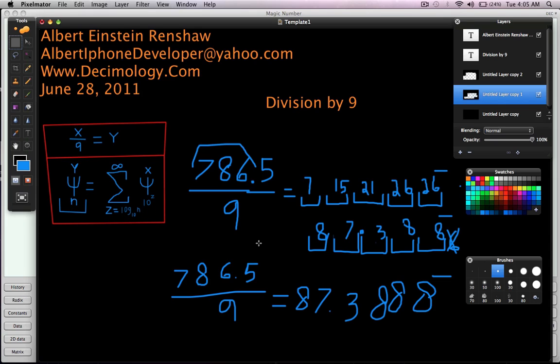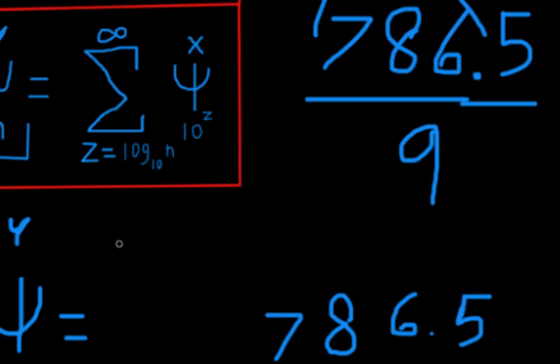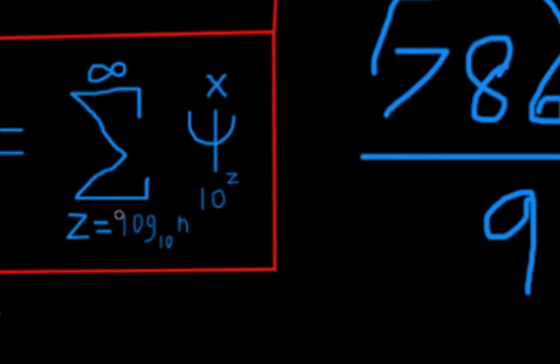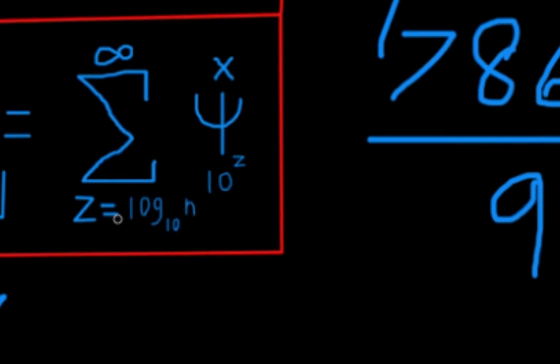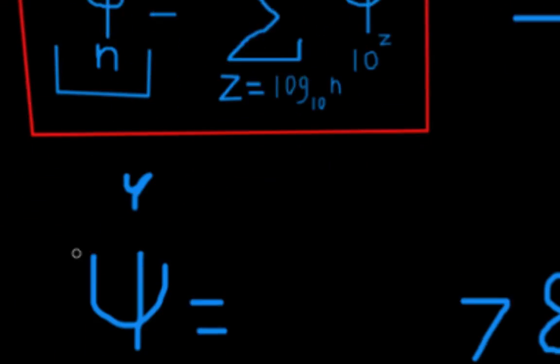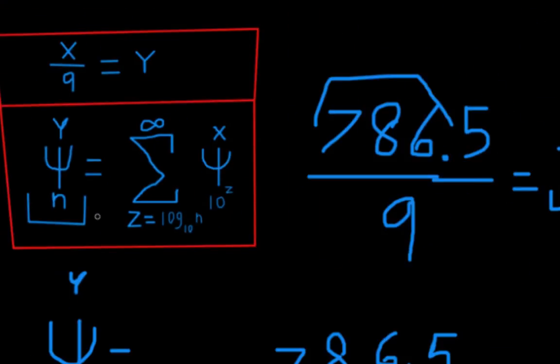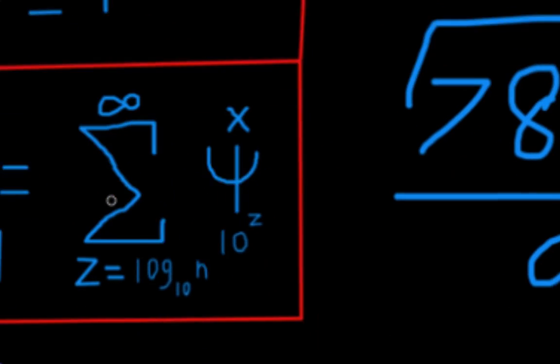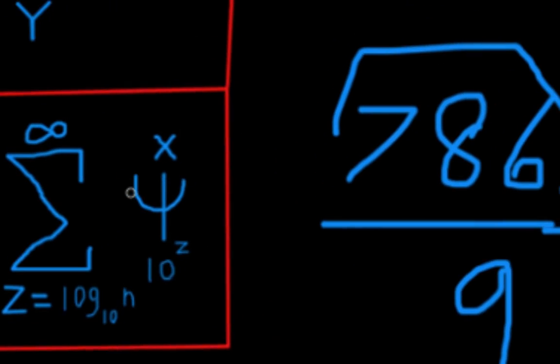So for example, if we want to find psi of y at 10, then n is 10. So we're going to take the infinite sum of z equals log base 10 of n. This is 10, right? Log base 10 of 10 is simply 1, so this will be the infinite sum z equals 1 of psi of x.